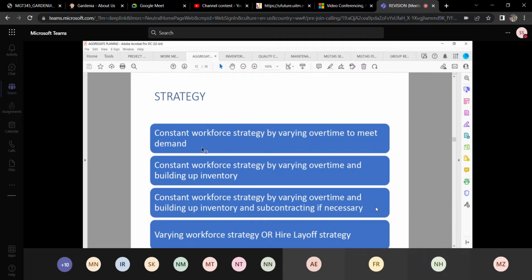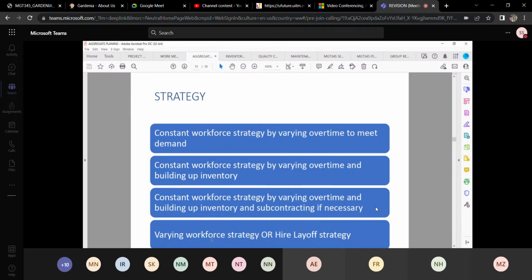Okay, so there are 4 types of strategies. So you should do one by one lah. You should master. Okay. Know the difference between the varying workforce strategy and the constant one. The constant workforce strategy, constant pekerja you sama, tak berubah-ubah. Okay, except overtime, inventory and subcontracting if necessary.